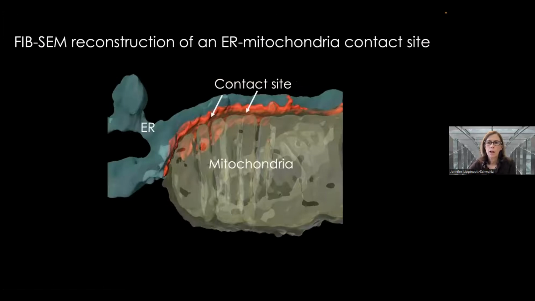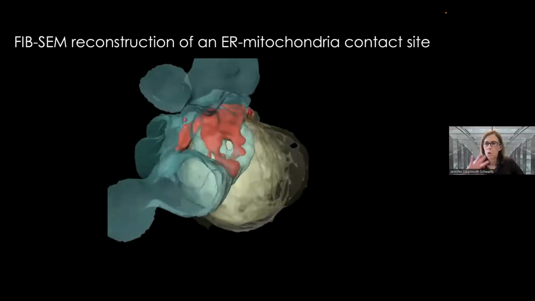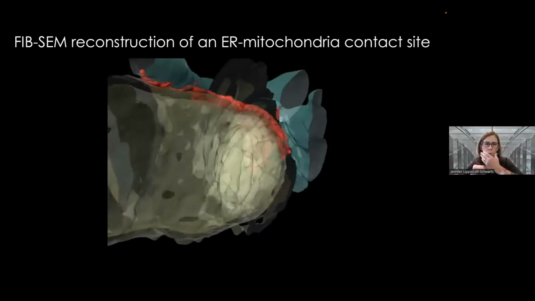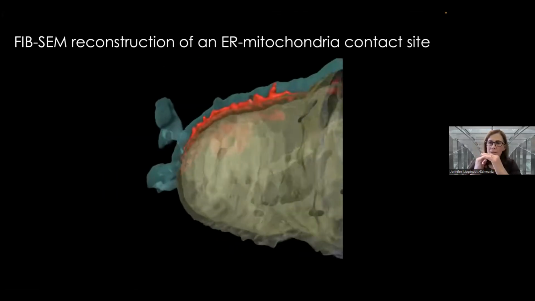Now, I just showed you FIB-SEM can definitely find these contact sites, and this is an example of a contact site in FIB-SEM. We can see the whole 3-dimensional structure. The red is that contact site, where these 2 organelles are within just a few nanometers of each other.